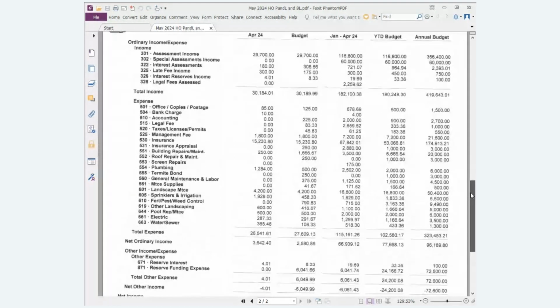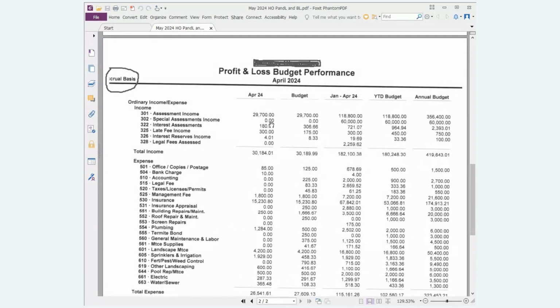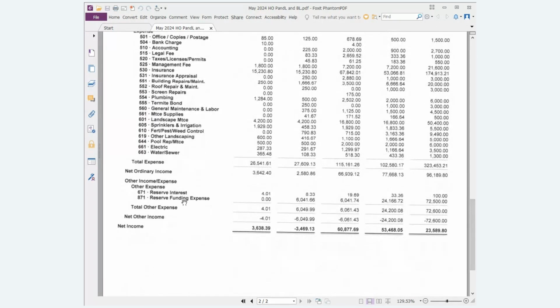Now, these numbers will transfer to the balance sheet. For instance, if not all of the assessment income has been received, that would be reflected in an accounts receivable, which would offset this income on the balance sheet. Down here would be your other income and expense.